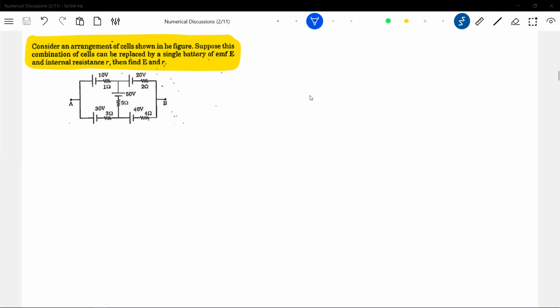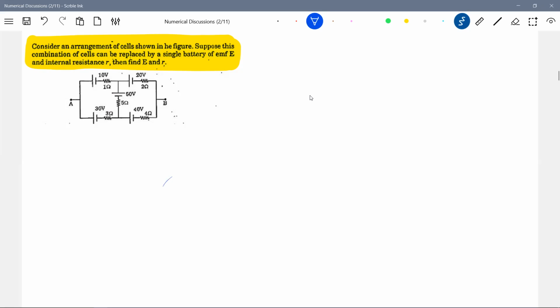Rudransh, can you say series or parallel? So can we say this cell is series or parallel? I think a division is what we have to make.